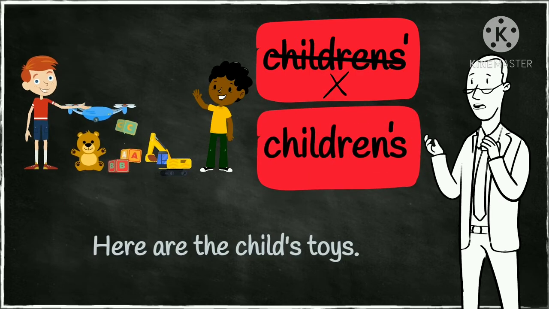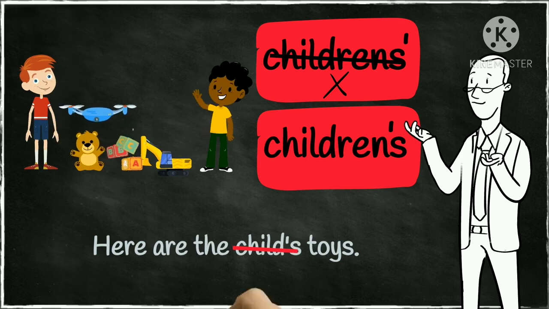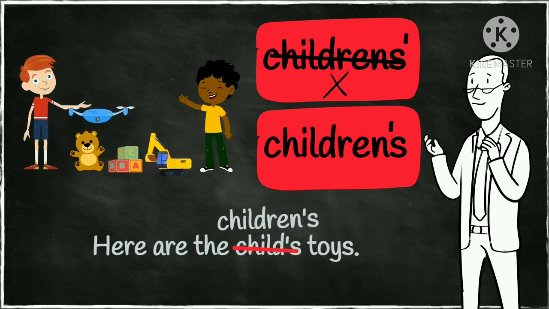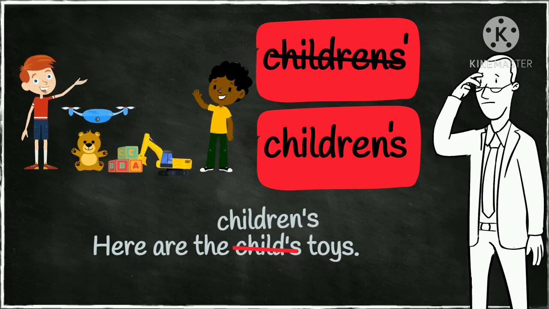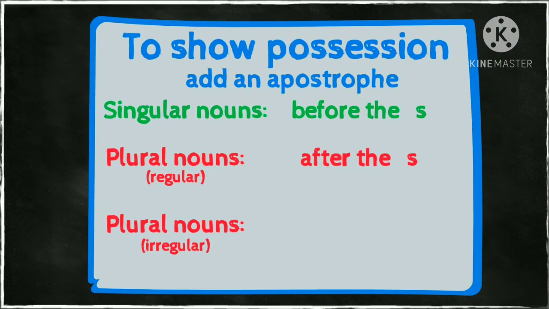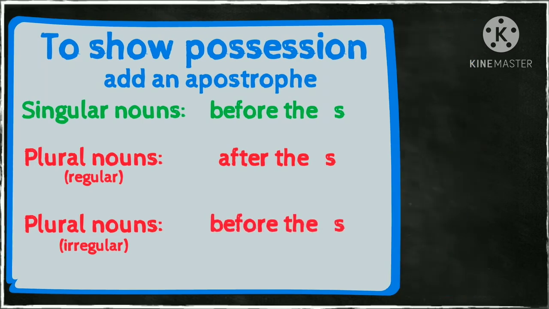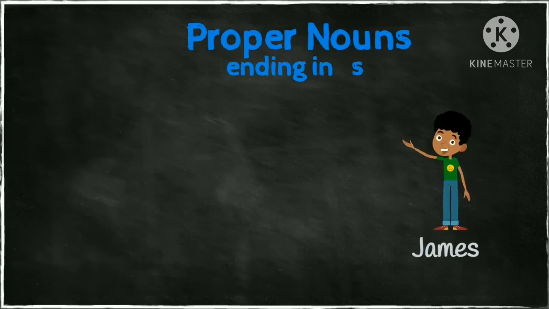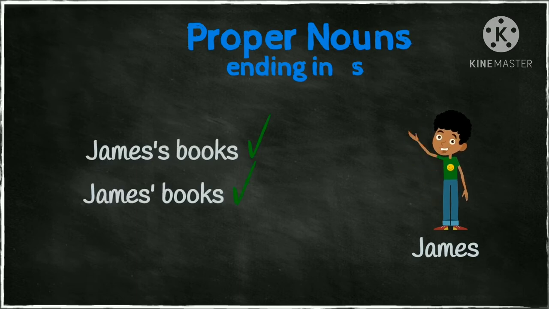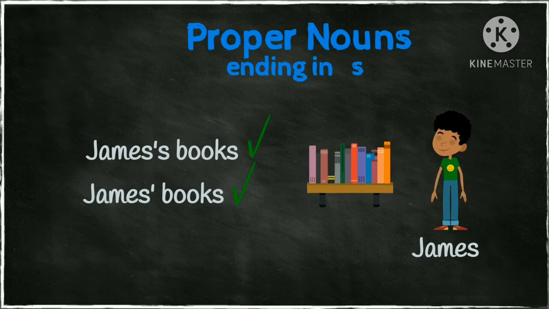Because it's an irregular plural, the apostrophe goes before the S. If a proper noun ends with an S, for example, James, it is correct to either add or leave off the final S. For example, James's books.